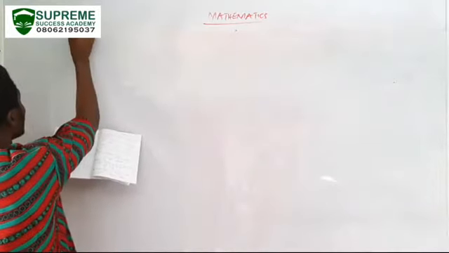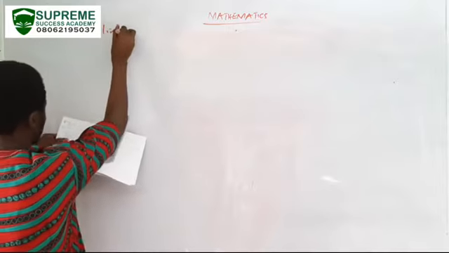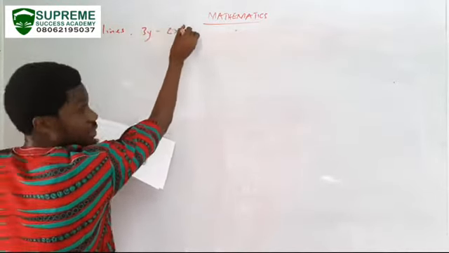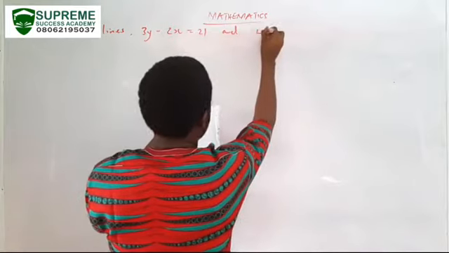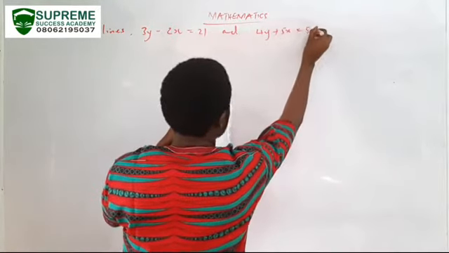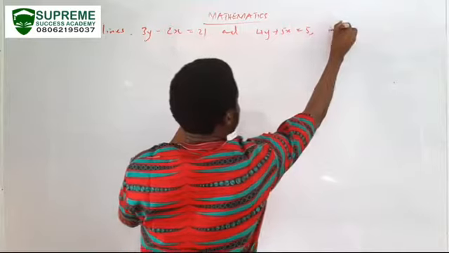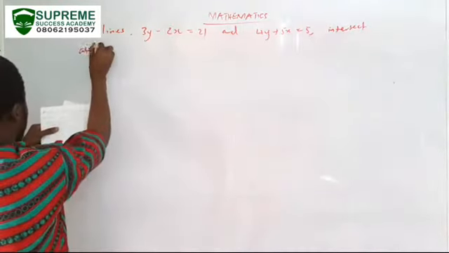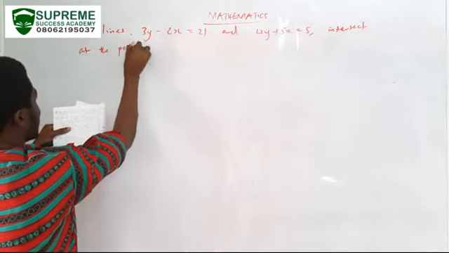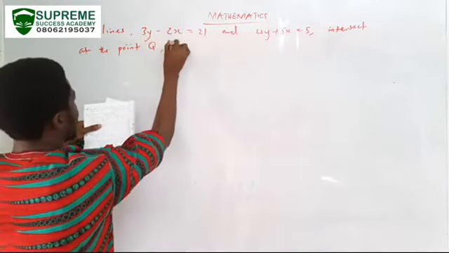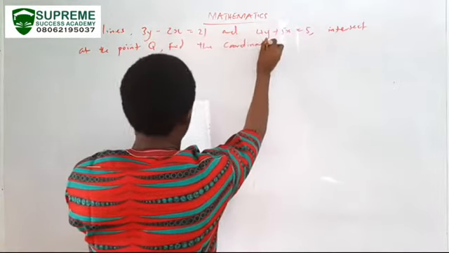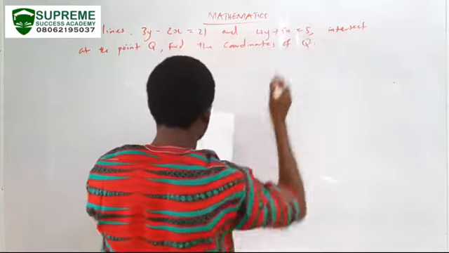Look at this, two lines, 3y minus 2x equals 21 and 4y plus 5x equals 5 intersect at the point Q. Find the coordinates of Q. Take note of this.